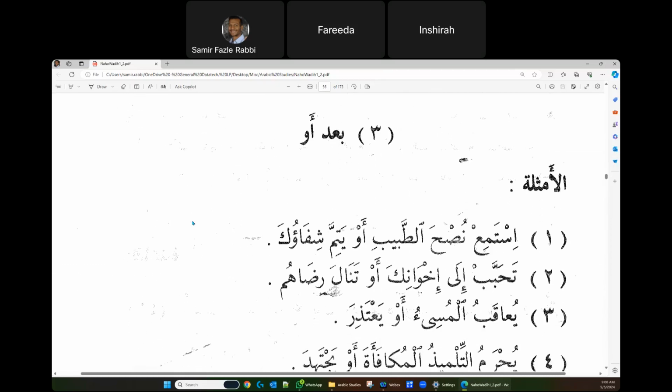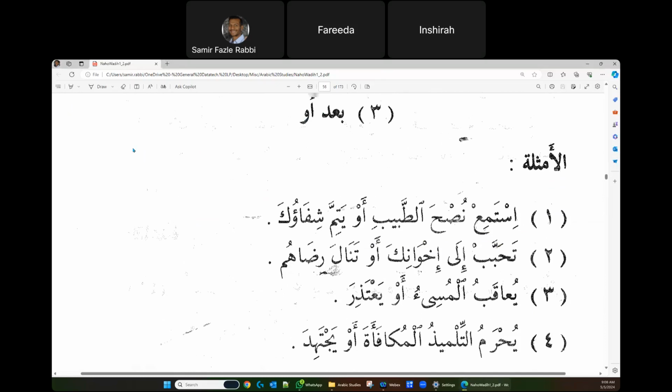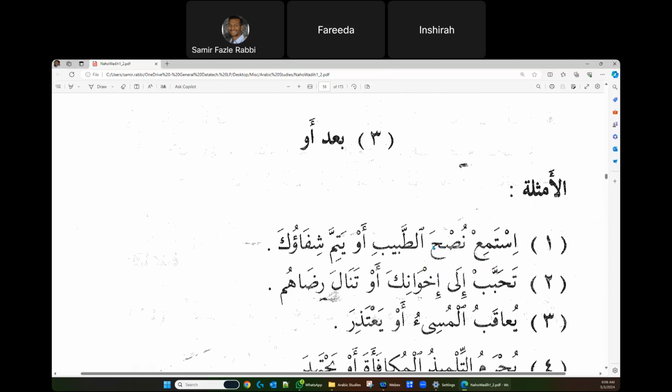And then after the lam, this is the new one we're going to do today. استمع نصح الطبيب أو يتم شفاؤك. So here what's happening is we have this N that's kind of hidden here.